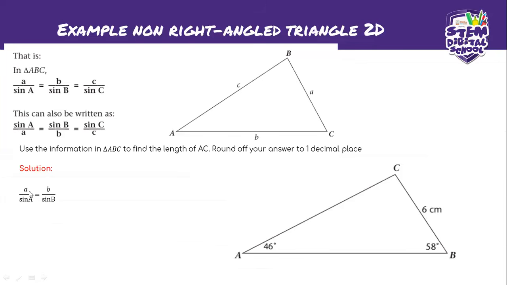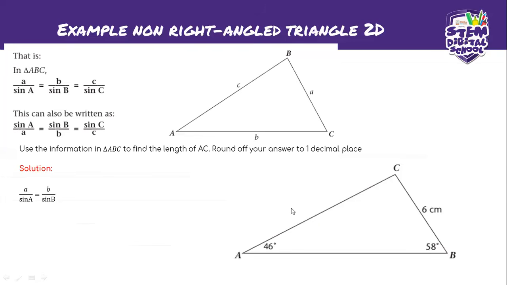Then it means we're going to have small letter a divided by sine angle A equals to this angle B, which is 58, and the side opposite to this angle is the side that we are in need of, which is AC, right?